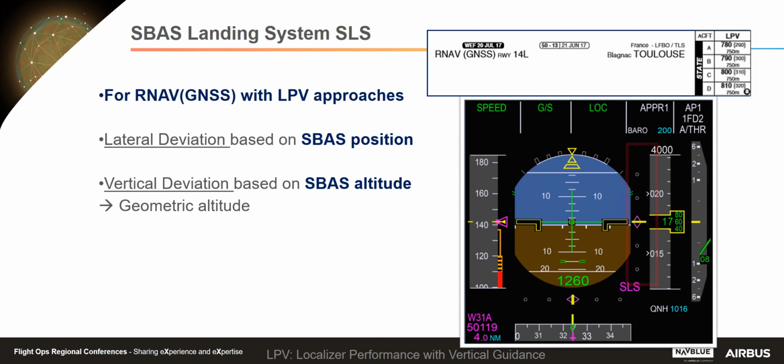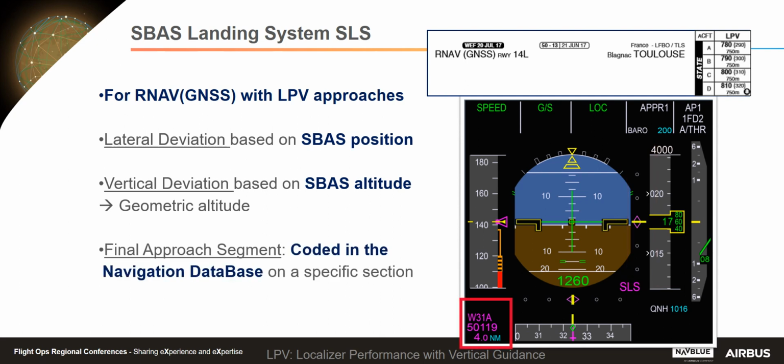The data for the final approach segment are not transmitted, but stored in the navigation database in a specific section called the FAS data block to enhance the integrity of the data. For the moment, RNAV GNSS with LPV minima can propose minima equivalent to Cat 1, 200 feet, so it is more a precision approach even if it is charted as an RNAV GNSS.